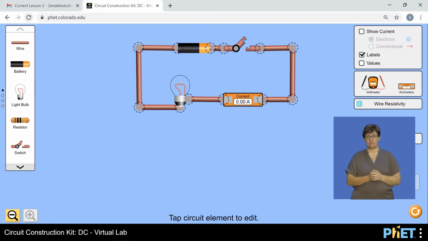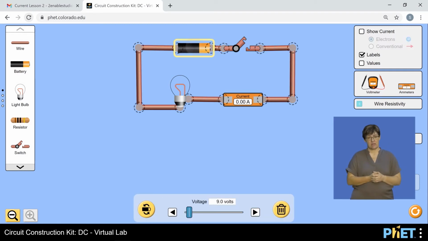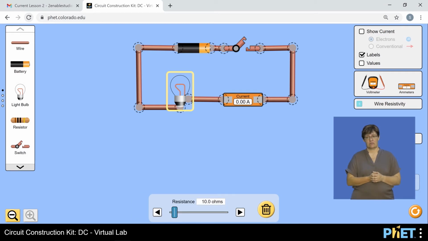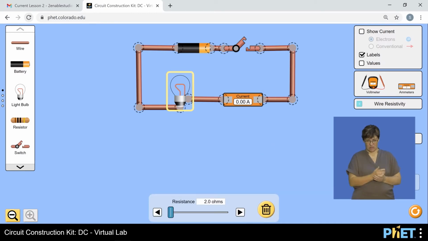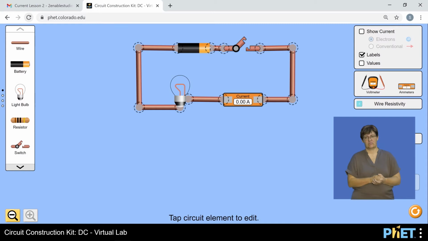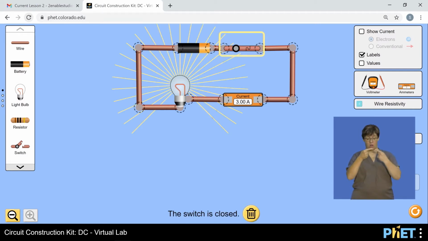We'll take out those charges. What if we have a smaller light bulb there? Let's give it, say, 3 ohms of resistance. Now, if we close the switch, there is an ammeter reading. You'd realize that the ammeter is connected at a point. Now, there is something very interesting here.